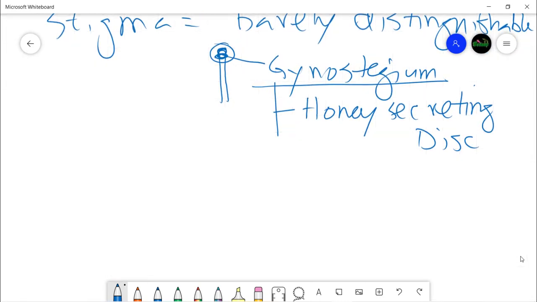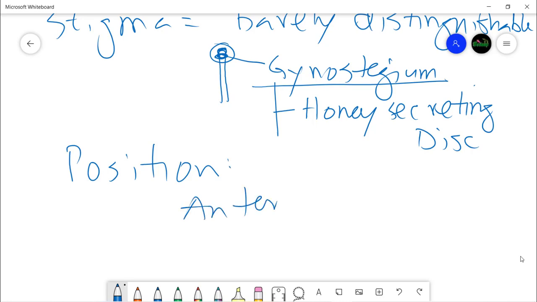Next is the position of the ovary. Again, this is related to the floral diagram of the flower. So the ovary is located in the flower anterior-posteriorly. In the previous video I told you what is the anterior and posterior part of the flower.